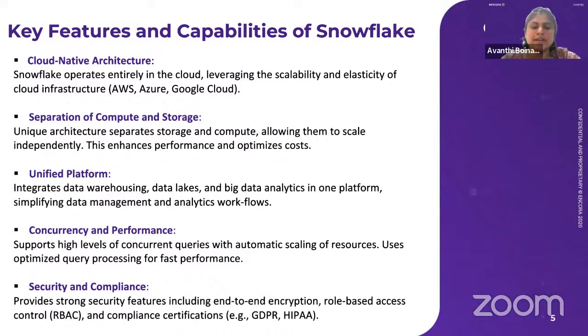That's what I discussed before in the introduction: Snowflake supports three infrastructures, that is AWS, Azure, and Google Cloud. Coming to separation of compute and storage, the unique architecture separates storage and compute, which enhances performance and optimizes costs.